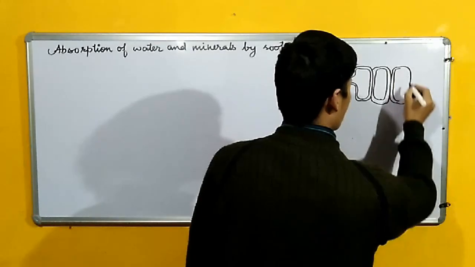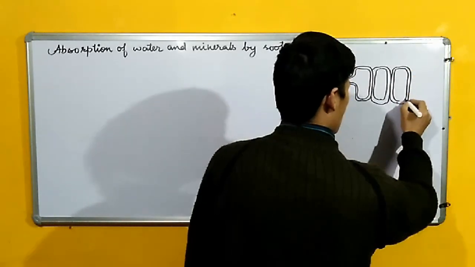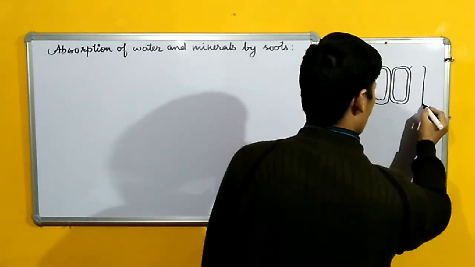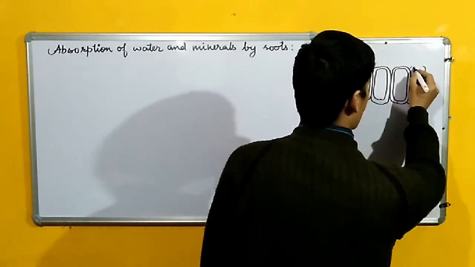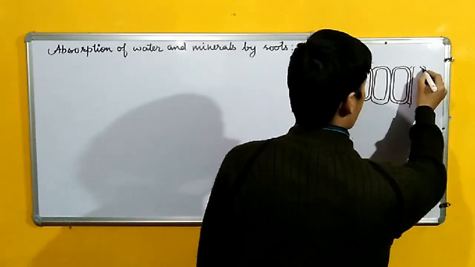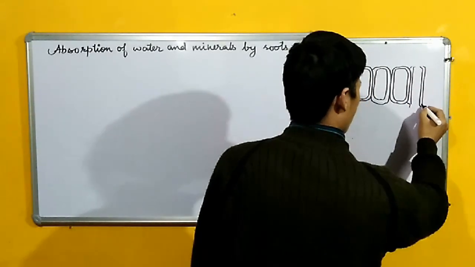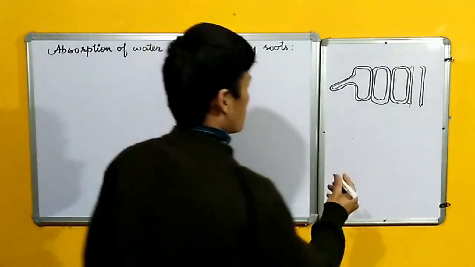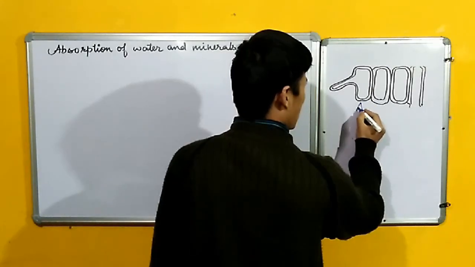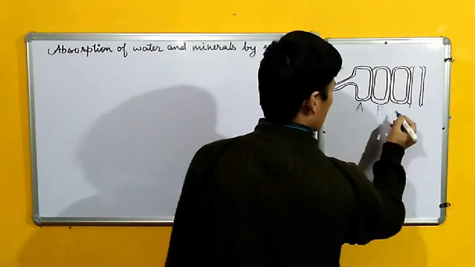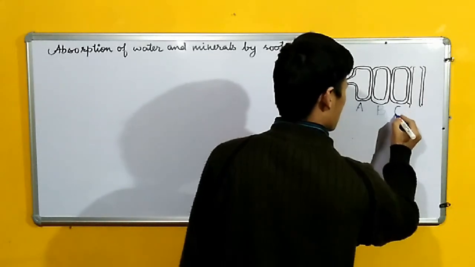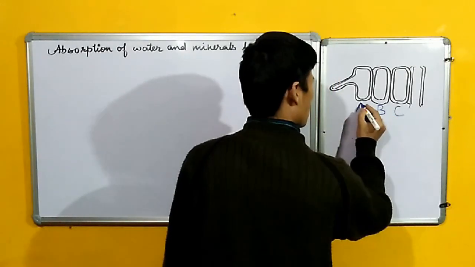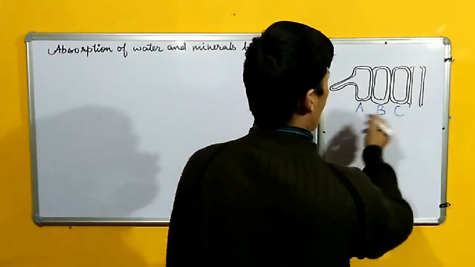And we know very well these cortical cells ultimately meet the xylem vessel. So let us consider that this is cell A, this is cell B, and this is cell C. So the 3 cells are adjacent to one another.